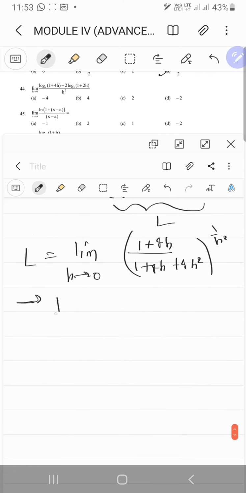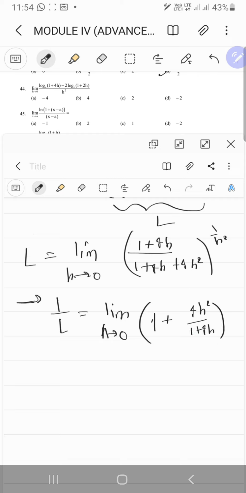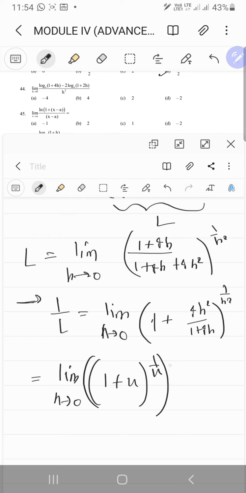So that means 1 upon L is the limit as h approaches 0 of 1 plus 4h squared upon 1 plus 4h. Okay, this is weird. And then you have 1 upon h squared. So maybe we can say this thing is u. This is the limit as h approaches 0 of 1 plus u to the power of 1 upon u, all that raised to the u upon h squared power.